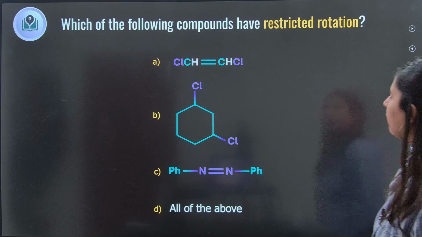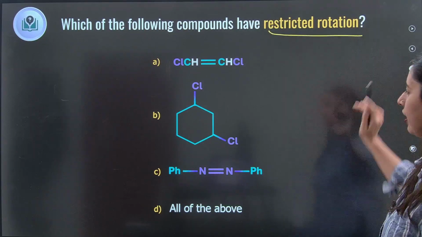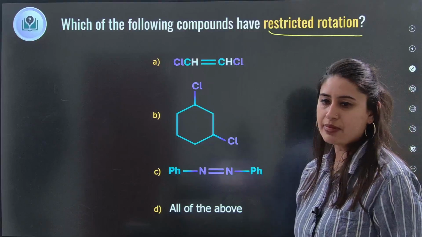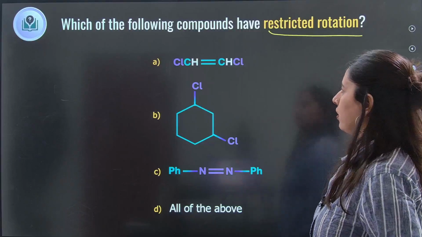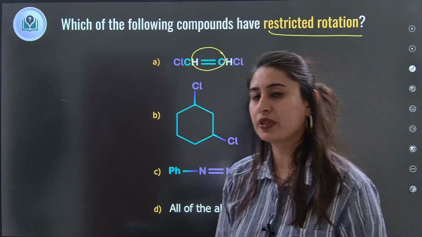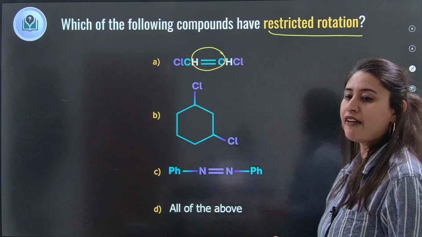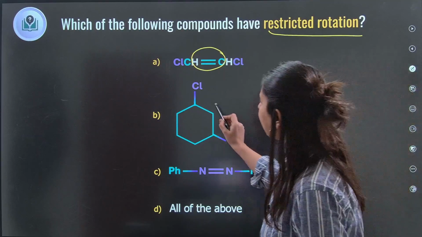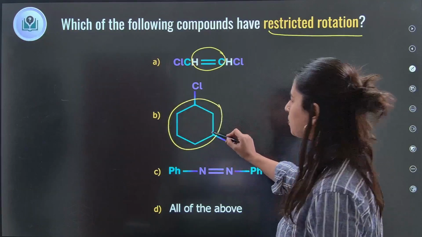Next question, rapid fire. Which of the following compounds have restricted rotation? Now it's asking which has restricted rotation. Is a doubly bonded system a restricted rotation? Now you don't have to check whether GI is possible. The question is very simple: will it have restricted rotation or not? A cyclosystem also is a restricted system.